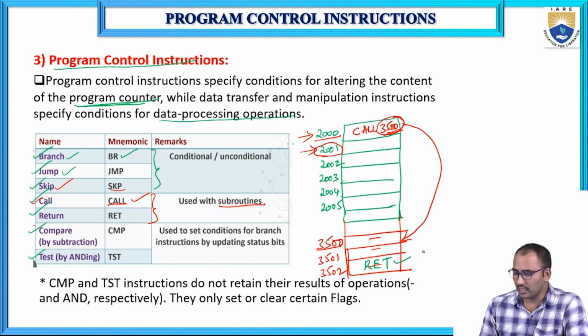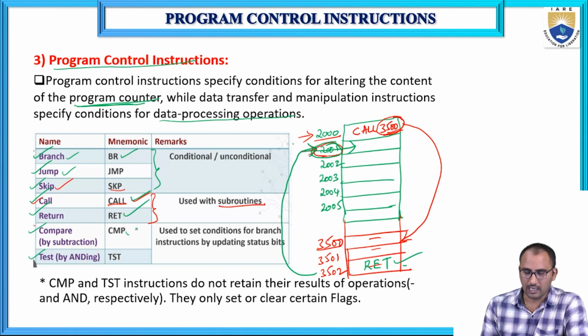Whenever this return instruction is executed, the program control will be transferred from the subroutine to the address of the next instruction of the main program. This is the main program. So what is the next address? 2001. So the program control will be transferred to this location. So that are call and return.